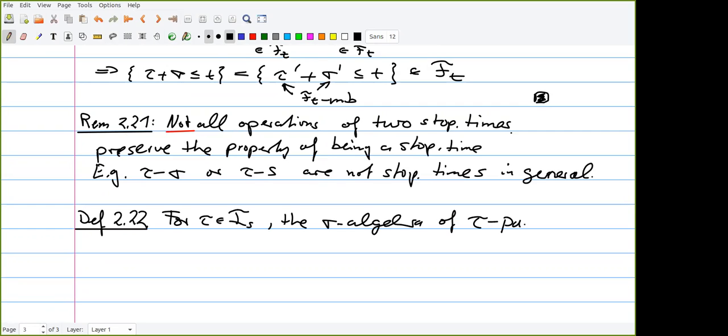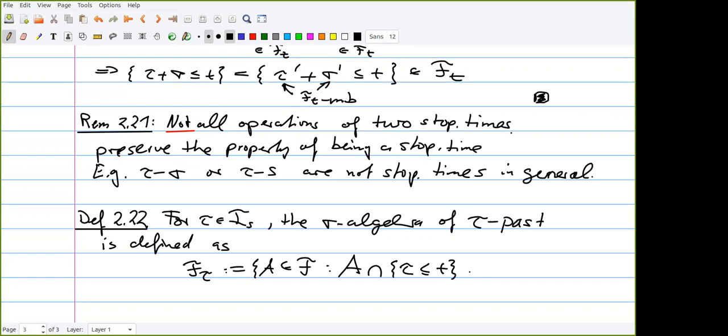This just means the sigma algebra which contains the information up to the time tau, is defined as f tau, given by all events A in the sigma algebra f such that A intersected with tau less or equal t is in ft for all t in the index set.